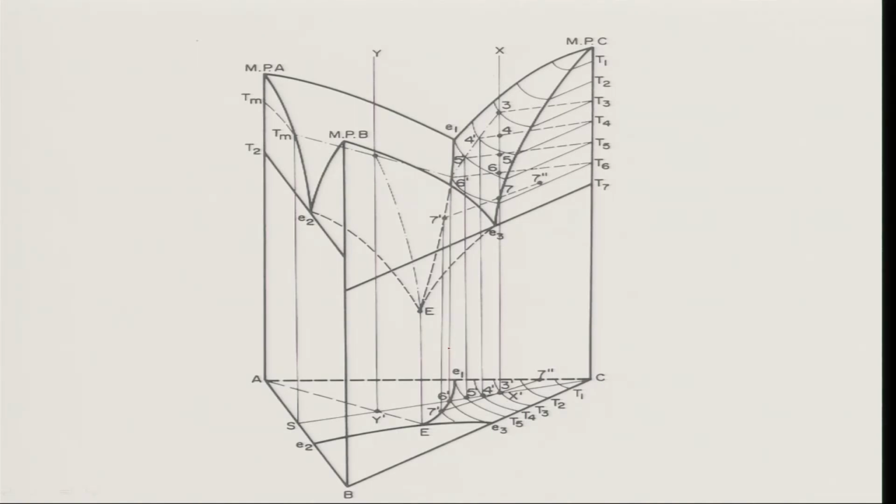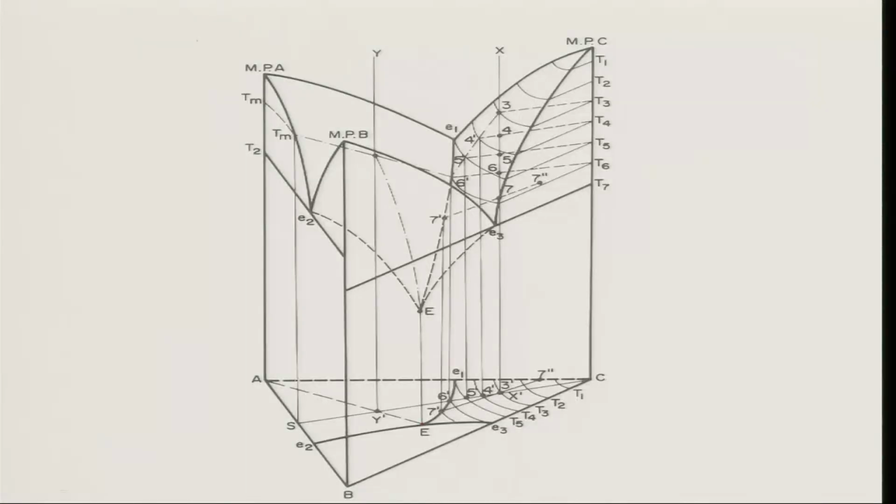In this system where there is no terminal solution, obviously there are many alloys which will undergo ternary eutectic reactions, not only the alloy which has exactly the ternary eutectic composition corresponding to E, but a composition corresponding to X, Y, even compositions corresponding to X and Y, they will all, because they are falling on the regions of A plus liquid or B plus liquid or C plus liquid, these are falling on these cusps of the liquids.